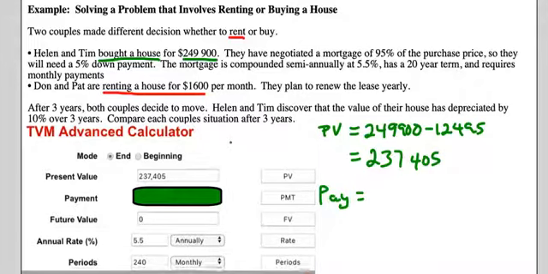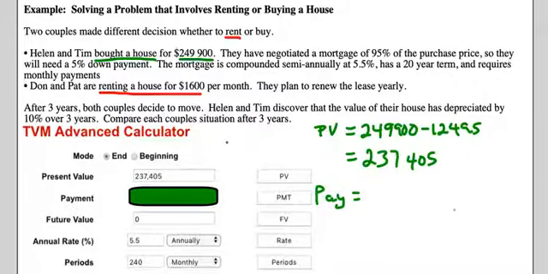And we're told that we're going to do that at an annual interest rate of 5.5%. 240 months, that's how many periods we're going to have. And it's compounded semi-annually. So the compounding is semi-annually. And you hit the payment button, and it will tell you what your payments would be.